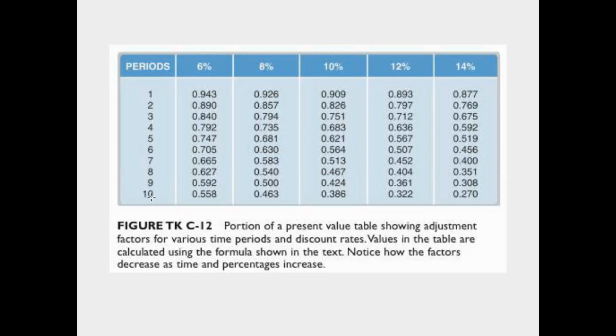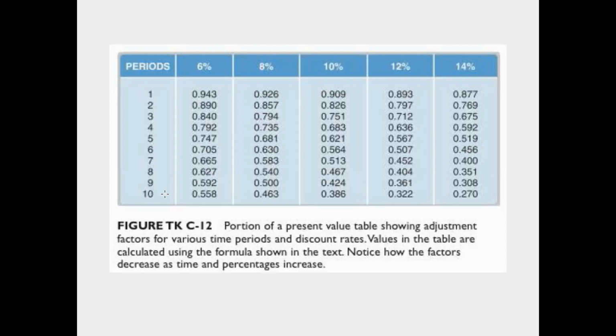So when the interest is higher, for example, if the rate is 14%, during the first year, to earn $1, you have to have 0.877. Whereas for 0.270, you will get $1 with 14% interest.